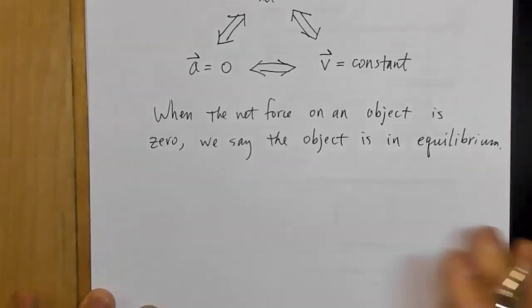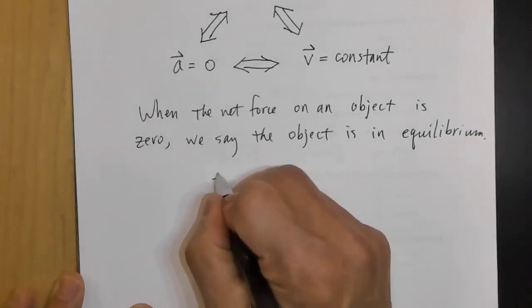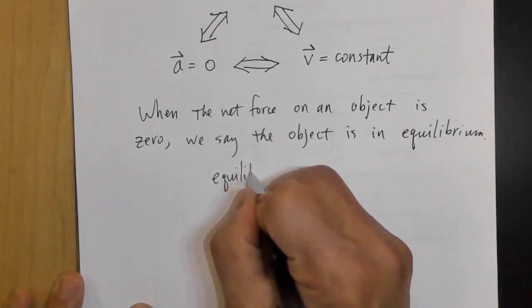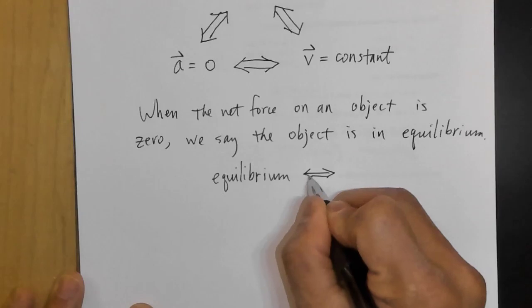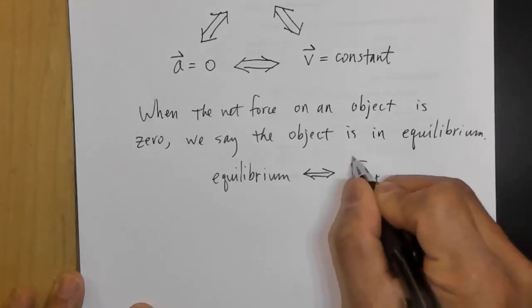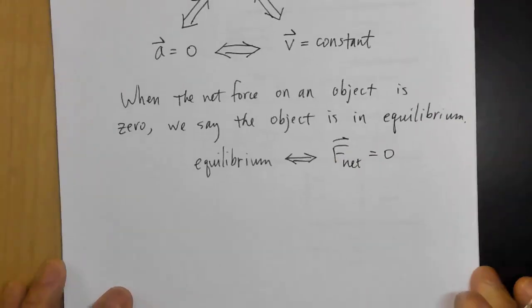Okay, so that's another terminology, but it just means F net is equal to 0. So here's another thing I can say. Equilibrium is also the same thing as saying the net force is 0. The object is in equilibrium.